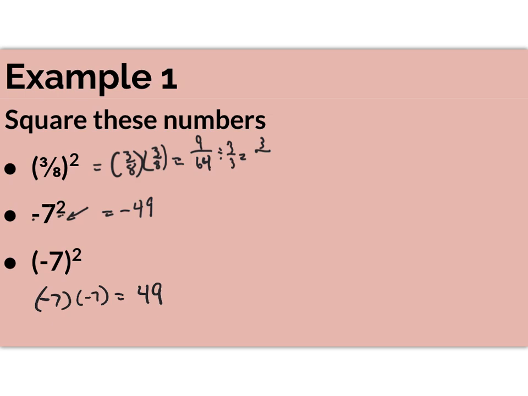So there's no reducing this fraction. 3/8 squared is 9/64.